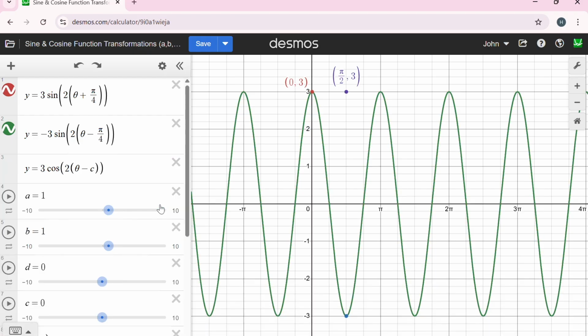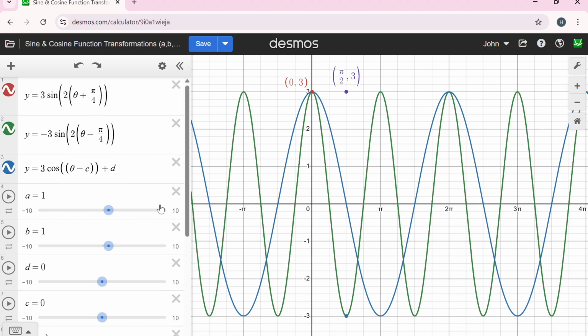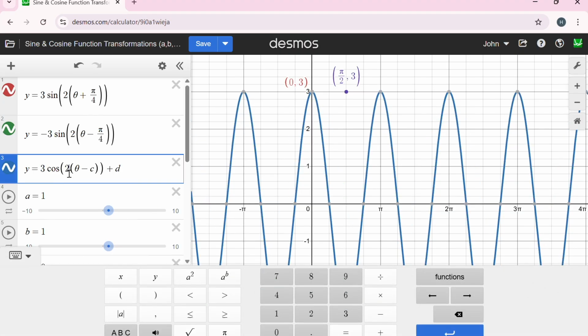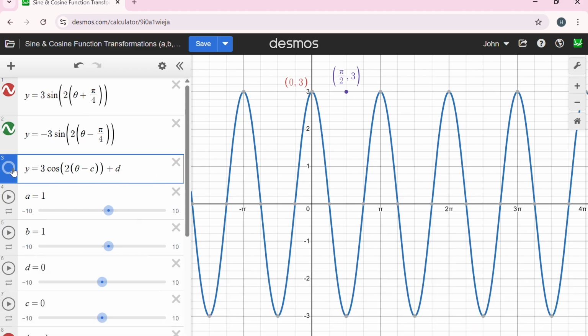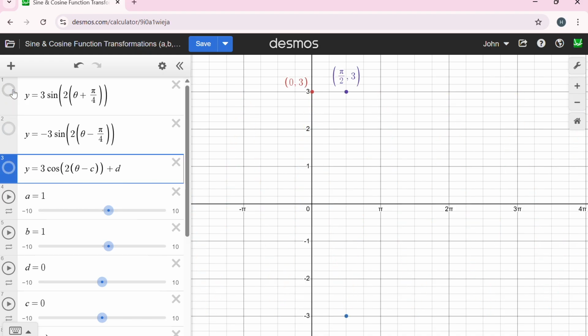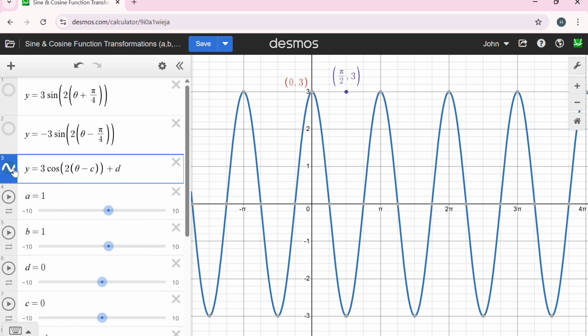Right now, that's 2. So right now, with a d value of 0 and a c value of 0, the functions match, right? So if I turn off the blue, turn off the green, turn off the red, here's my cosine value when I plug in everything with a c value of 0, d value of 0.